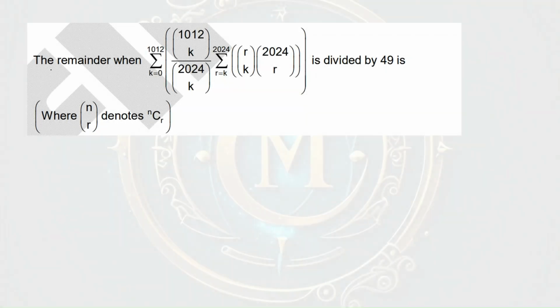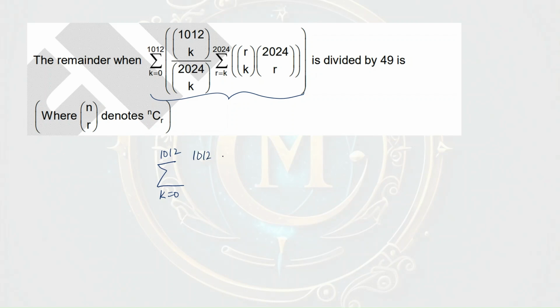Here we are asked to find the remainder when this whole expression is divided by 49. So first we need to simplify this given expression. This expression may look scary. Let us write this expression here. It is summation k equal to 0 to 1012, and these are binomial coefficients as stated here.